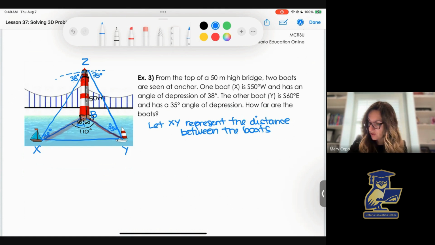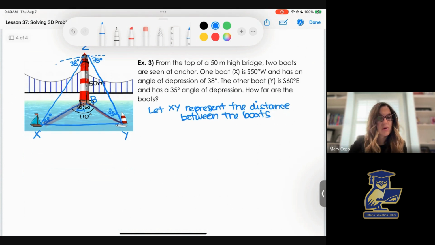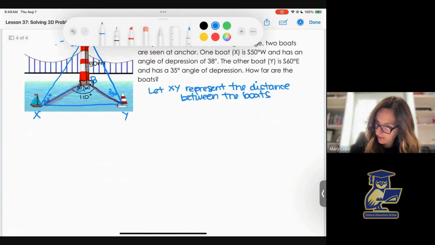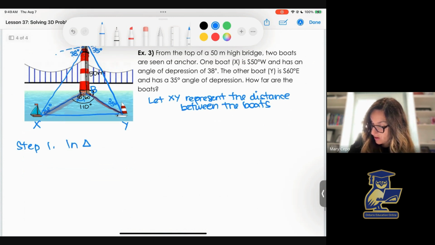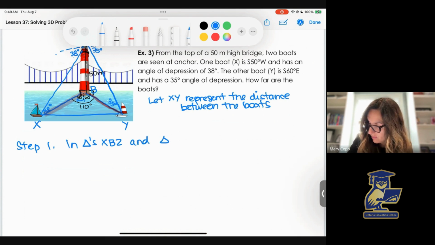So now what I think we should do is use trig ratios in order to solve those common sides, and then use those common sides in the obtuse triangle in order to solve the unknown, which is that distance between X and Y. So let's start. Step one, in triangles XBZ and XYBZ.